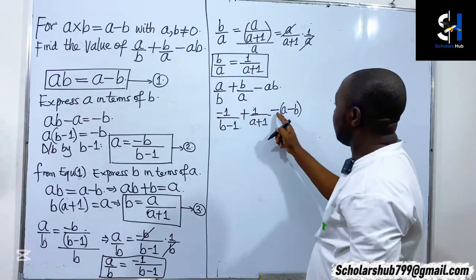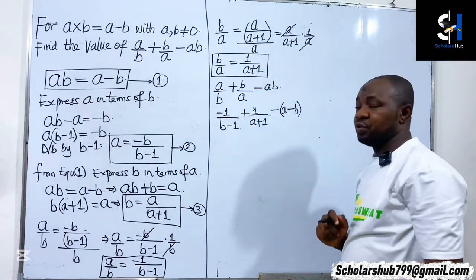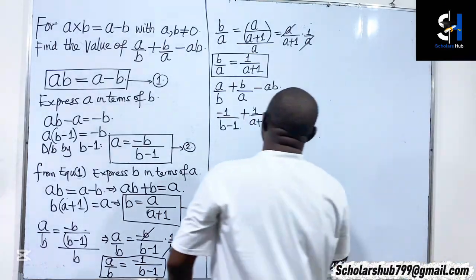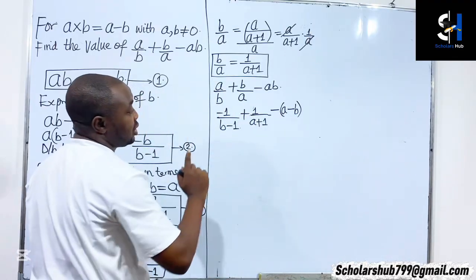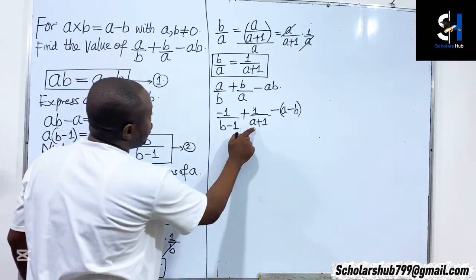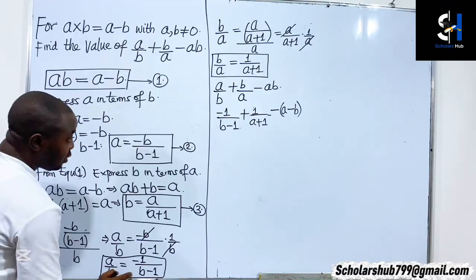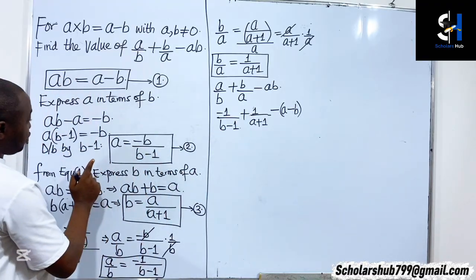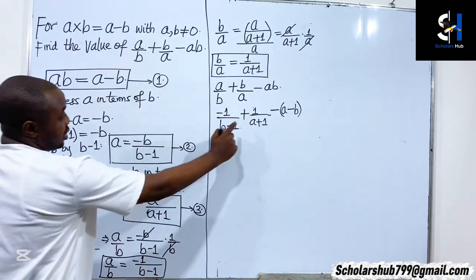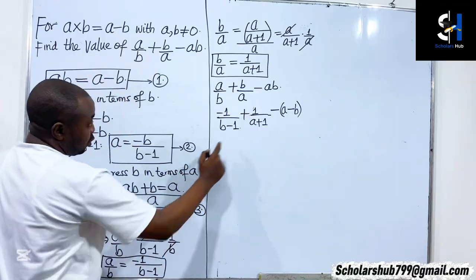So this will be minus parenthesis a minus b. Now, to write this expression in terms of b, I'm going to substitute for a in this expression, and I'll do the same thing here.